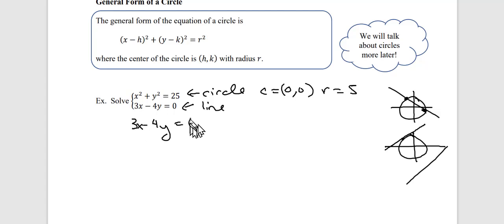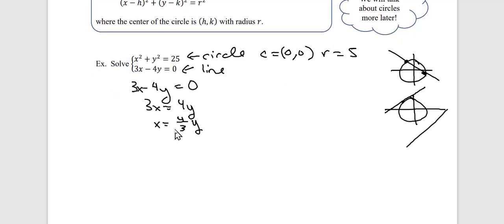That means we need to solve for one of the variables. I'm going to solve for x to give me 4/3 y. It doesn't matter which one you solve for, but it does matter that you use the second equation to solve for x or y. If you tried to solve for x or y in the first equation, you're going to have a plus, minus, and a square root, and it just gets yucky.